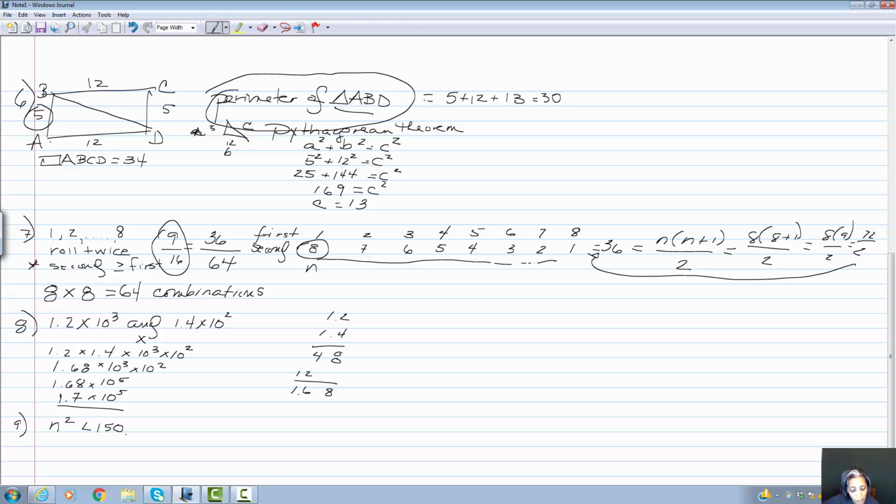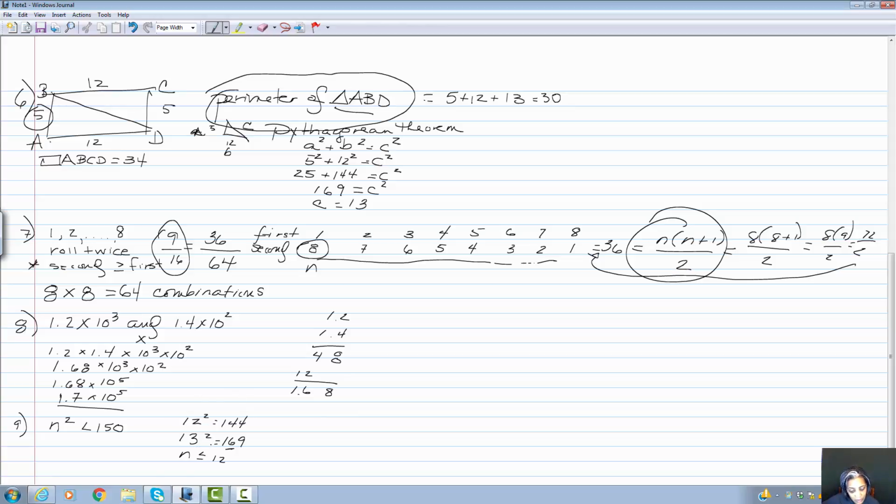What is the sum of all possible values of n? Let's see. Well, we know that 12 squared equals 144 and 13 squared is 169. So that means n is less than or equal to 12 because 13 won't work. This is too high.